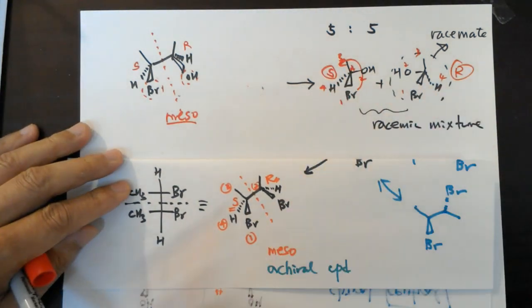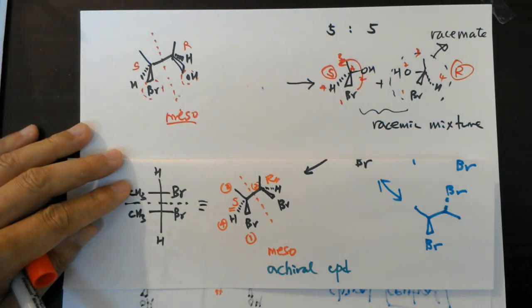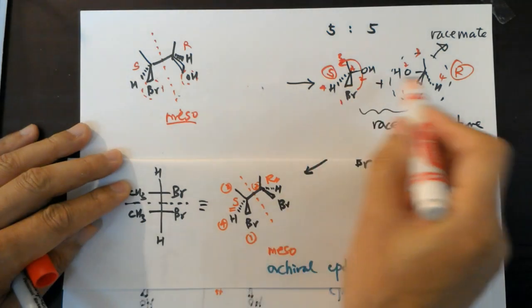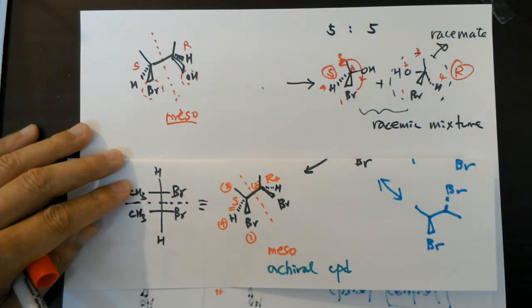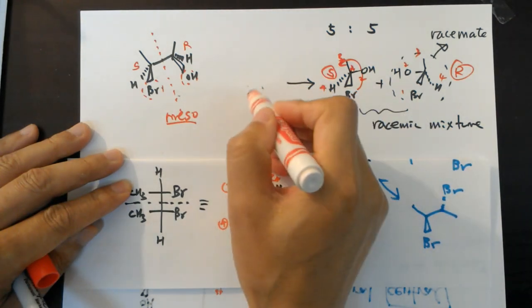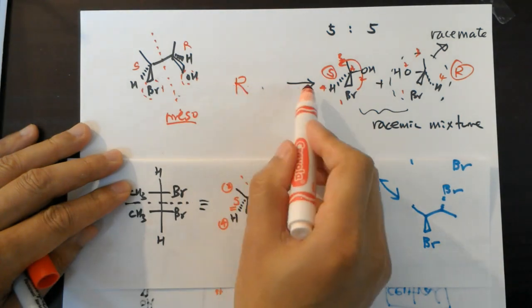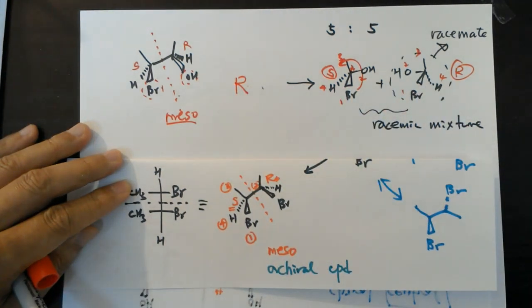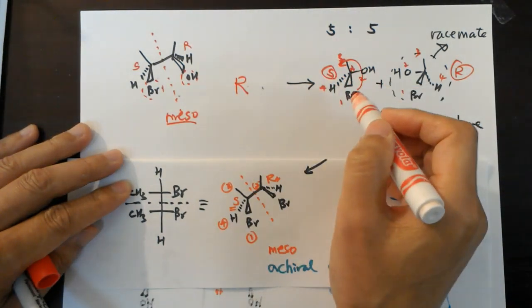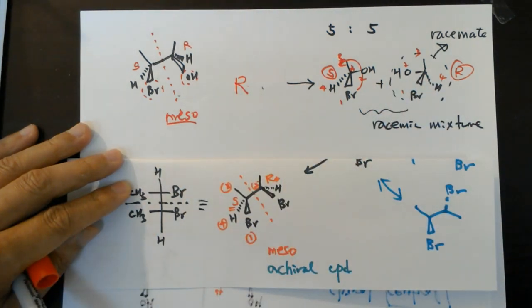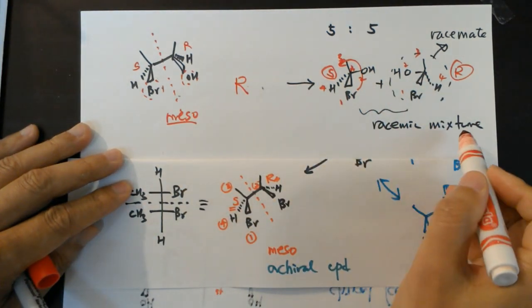So individual molecules are all optically active. However, the mixture in the same amount will make them inactive as a solution. Say the original molecule was R configuration, and the reaction gives both of them. Then you say, oh, this reaction makes a racemic mixture.